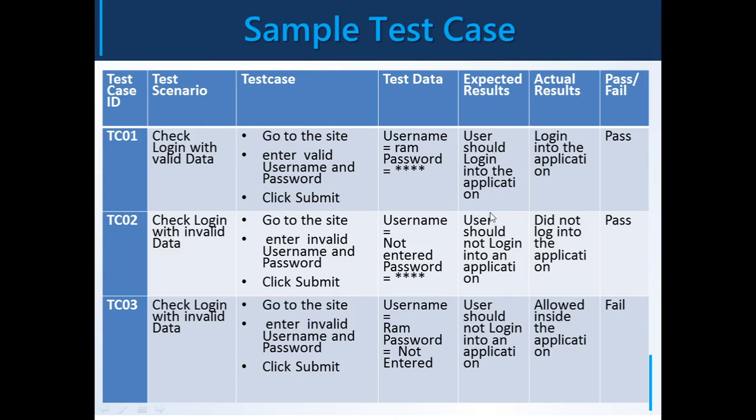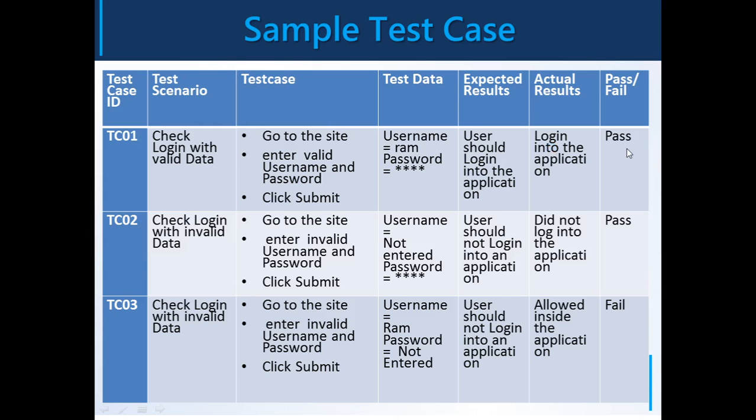The expected result is what will be obtained when this process is running, and the actual results obtained are noted here. The last one, TC03, is the negative test case. For TC01 and TC02, the expected and actual results are the same, so the condition is passed, else the condition is failed. This is how you have to write a manual test case.